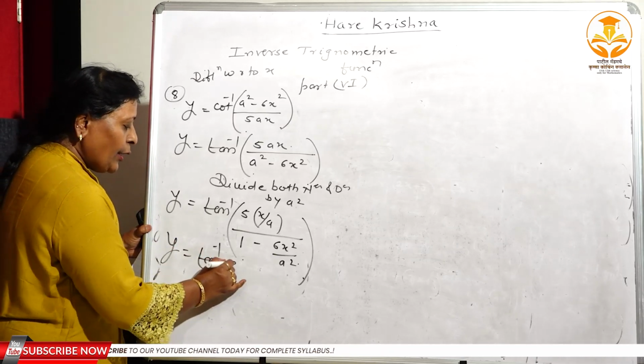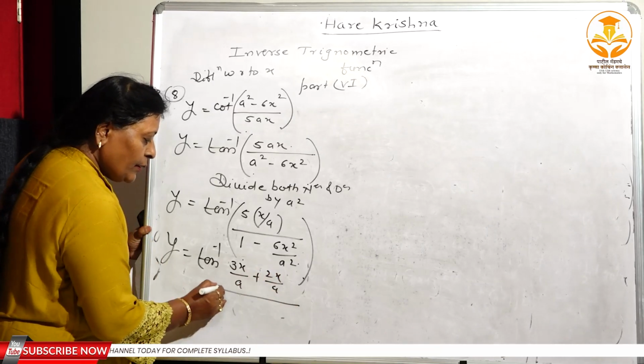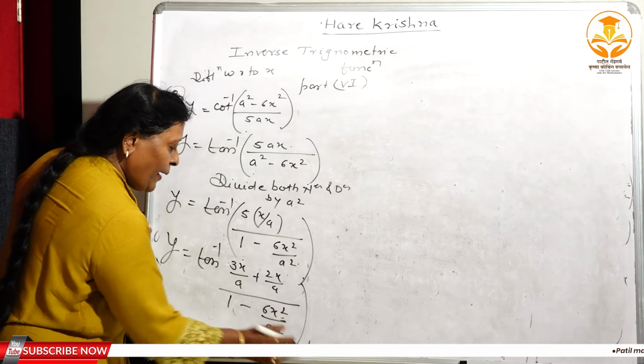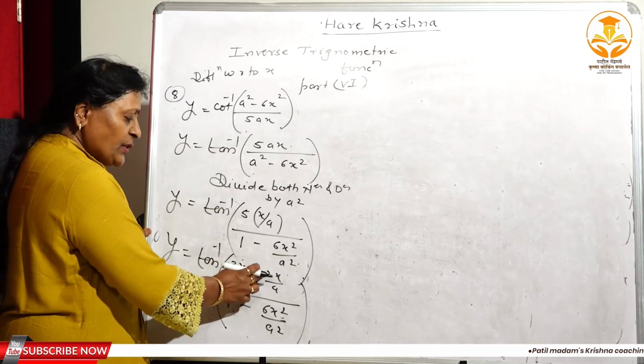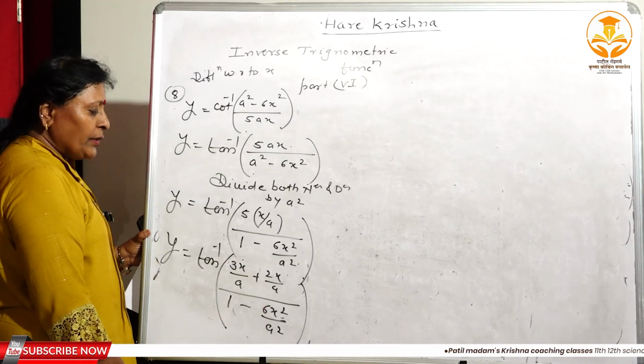This you can write as 3x by a plus 2x by a, right? Now see, if you observe this, their multiplication, if you multiply these two terms, 3x by a into 2x by a, 3 2s are 6, x into x, x square, a into a, a square. You have got this, right?